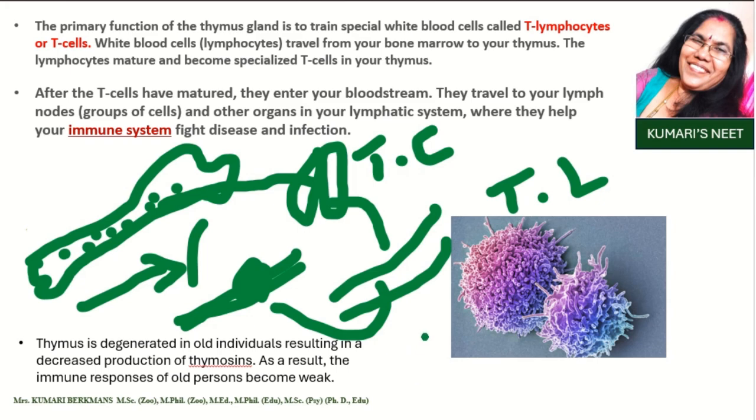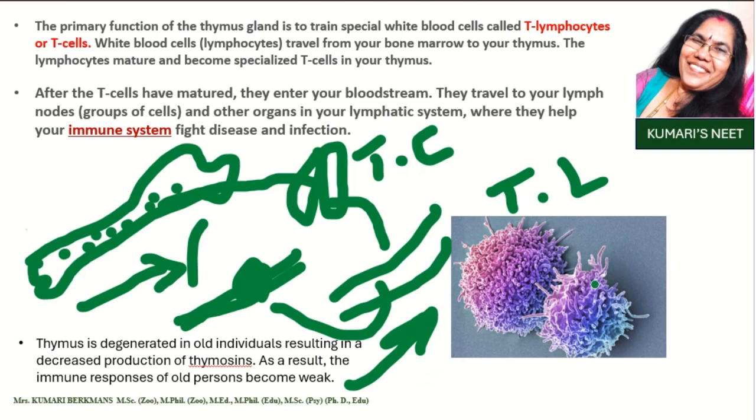See, as age increases, the size of the thymus gland decreases. Okay, so the production of thymosin is also reduced. So that is why elder people are susceptible to many diseases and become very weak. Okay, so we have to keep our thymus gland very active and healthy.